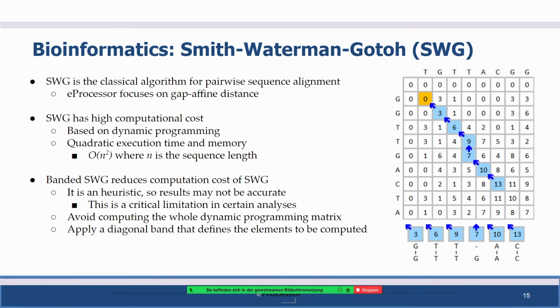The goal of this is to reduce the computation cost of the Smith-Waterman, but the algorithm is not exact. It's rather a heuristic, which is a critical limitation in certain analysis.